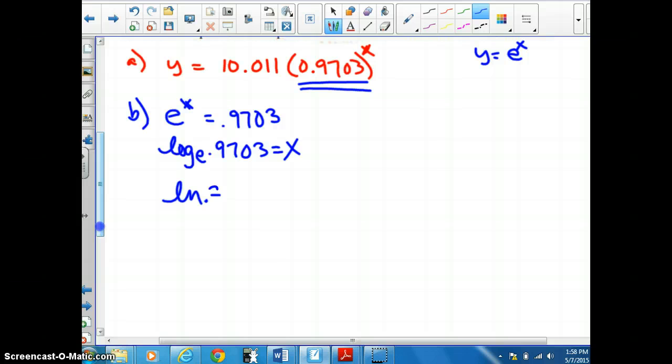So the natural log of 0.9703 is equal to x, and that makes x equal to negative 0.0301. Now what I'm going to do with that is substitute that in for 0.9703.